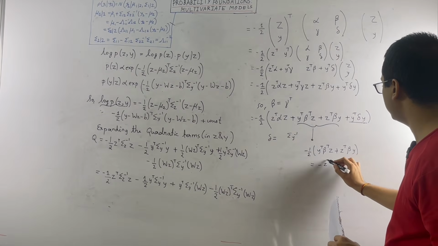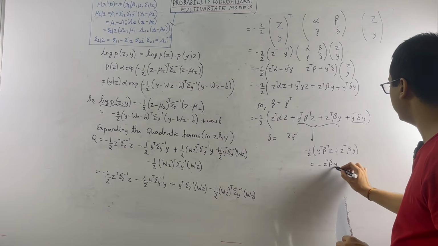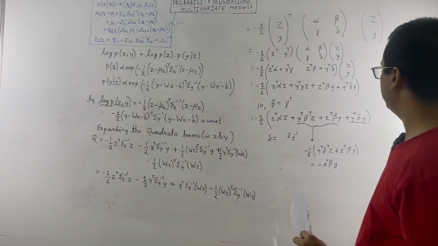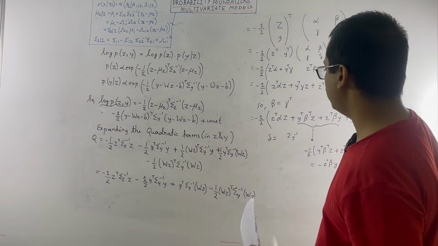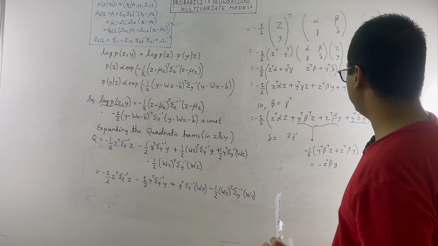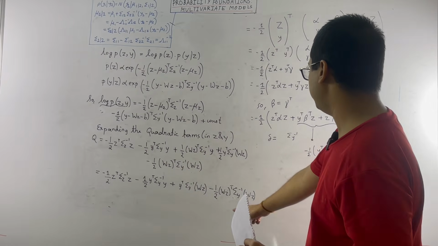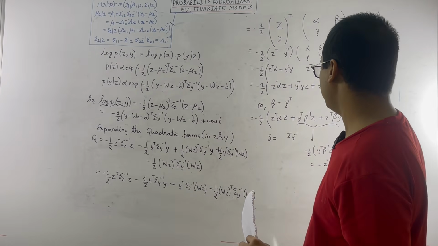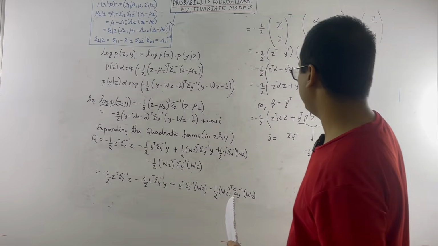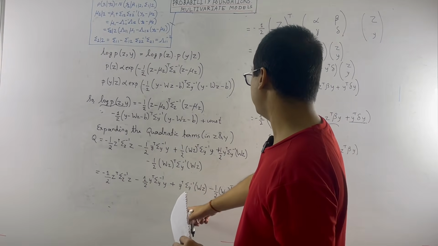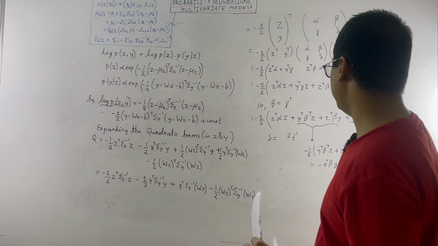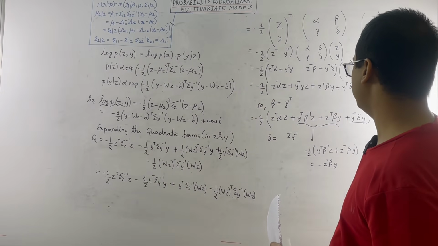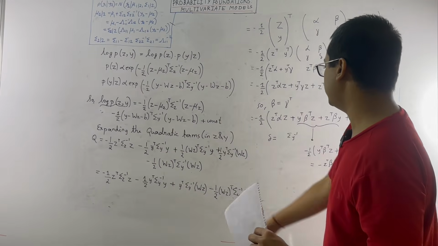So minus z transpose beta y. So minus z transpose y matches with which term? You have here z transpose z, but we need a z transpose y, or basically y transpose z.